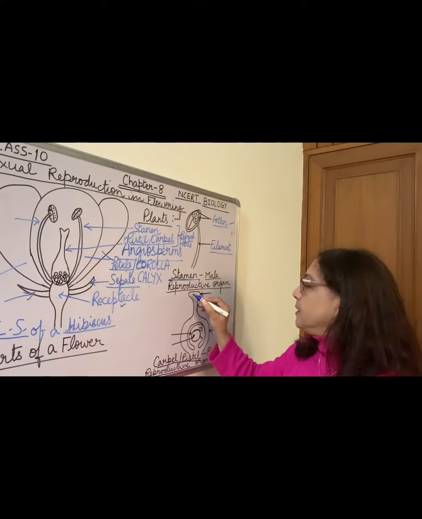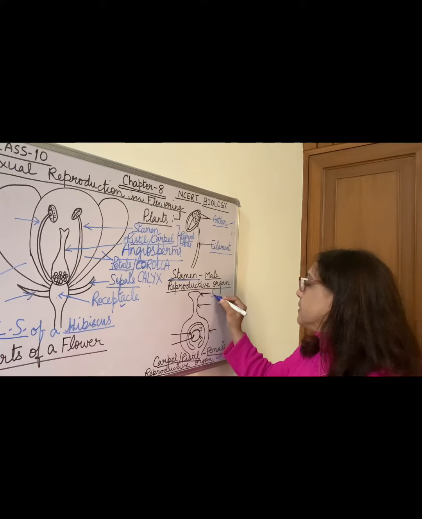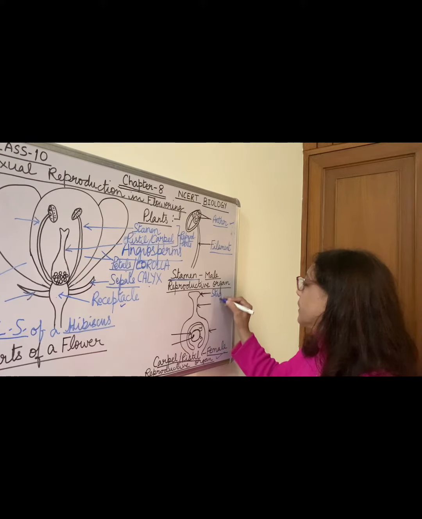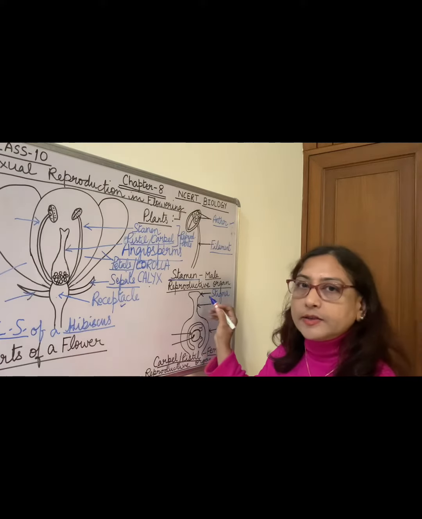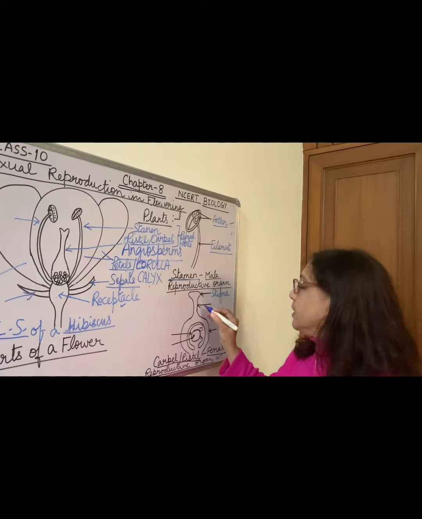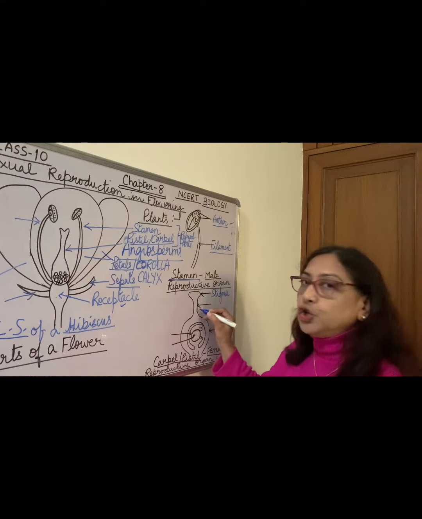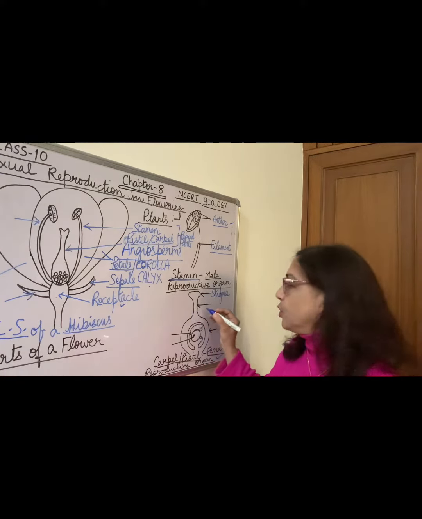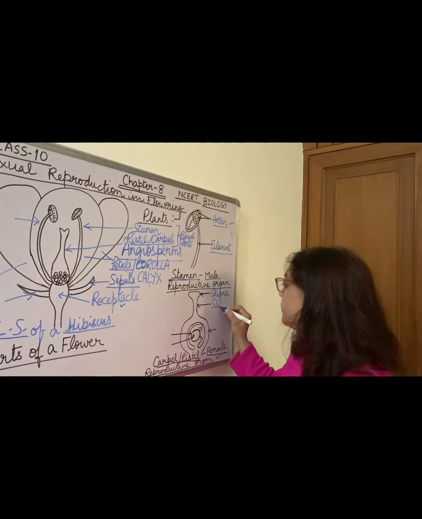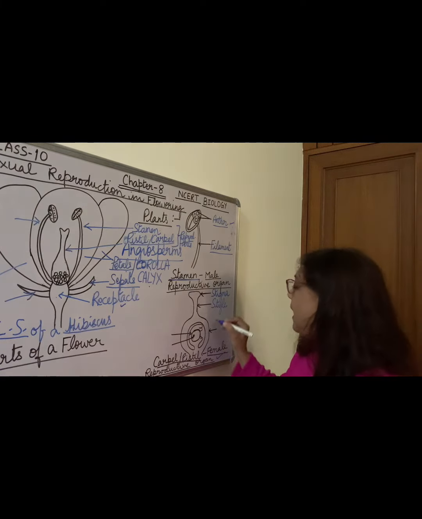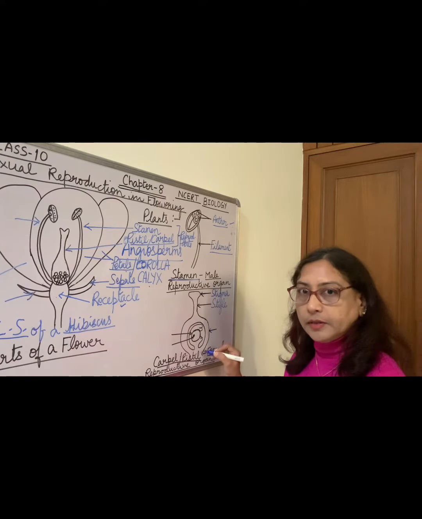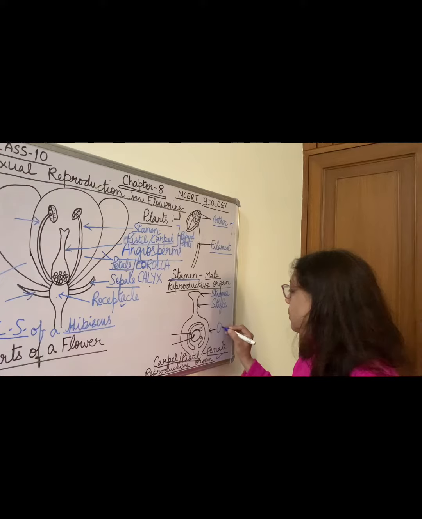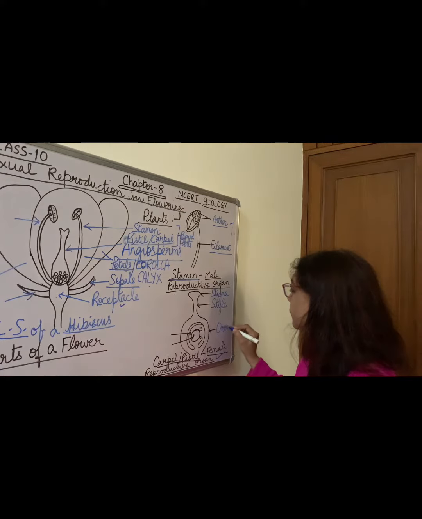The top sticky part is known as the stigma, S-T-I-G-M-A. The middle tube-like structure is known as the style. And the bottom flask-shaped thing is known as the ovary.